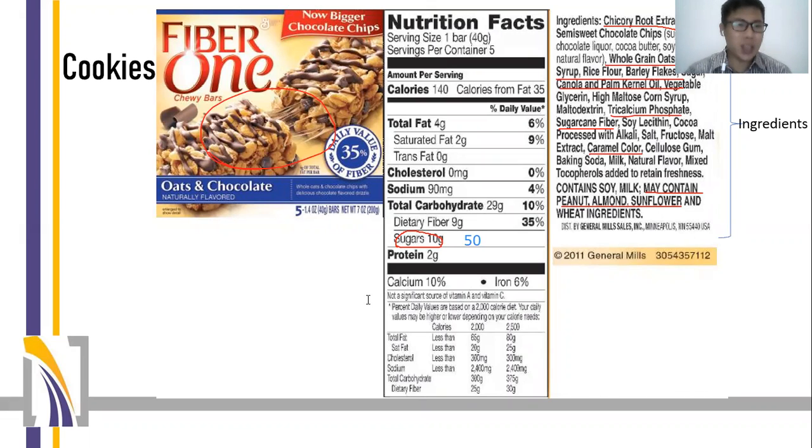Humans, we people, for adults, we only need about 38 to 40 grams of sugar for 1 day.